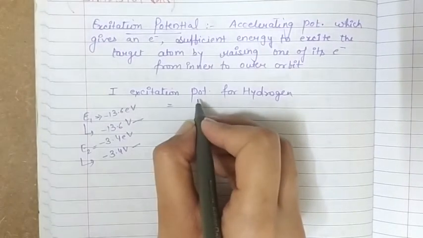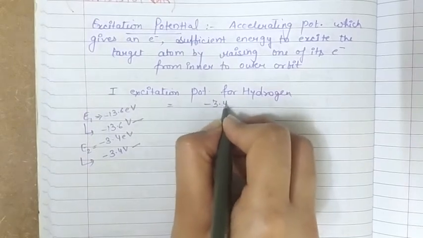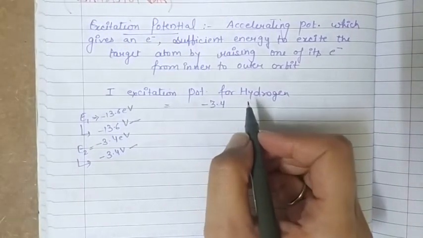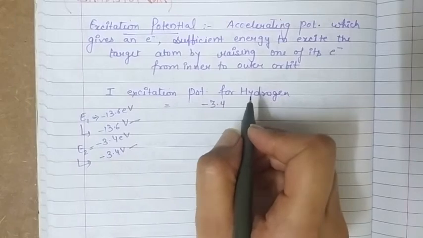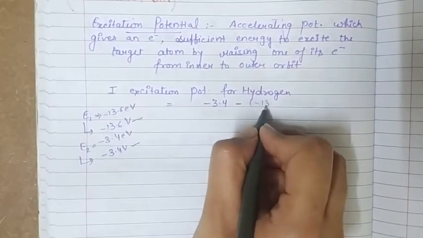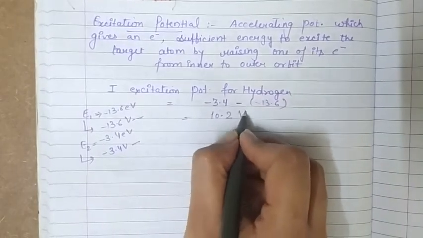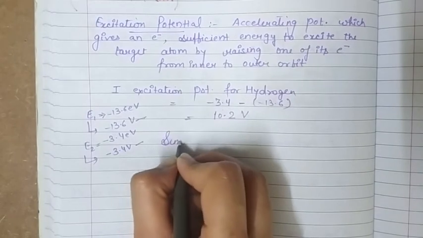That means first excitation potential for hydrogen is minus 3.4, which is the final one, because the electron is transiting from inner to outer, that means 1 to 2. So this is the final state, minus 3.4 minus (minus 13.6), that is 10.2 volts.